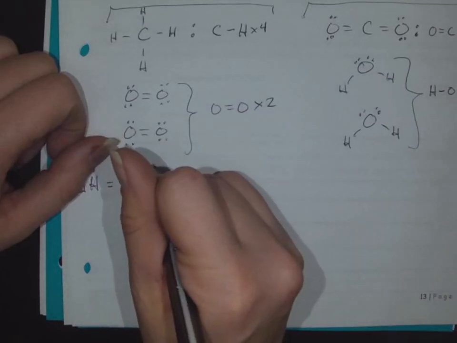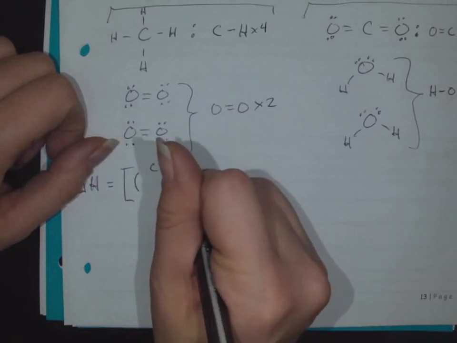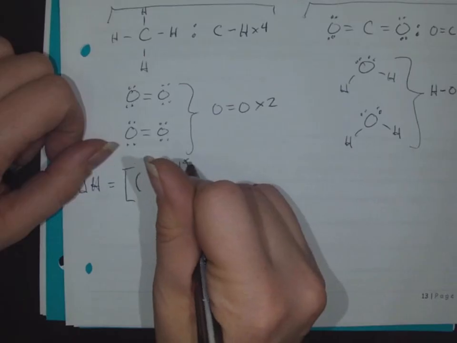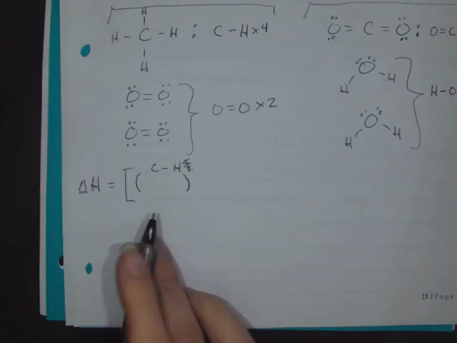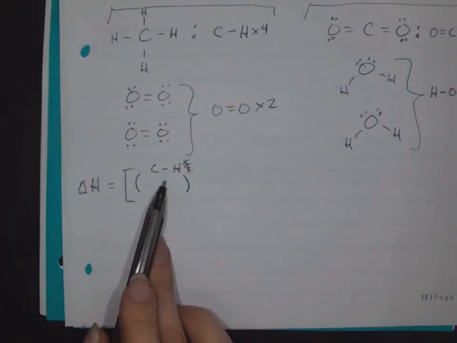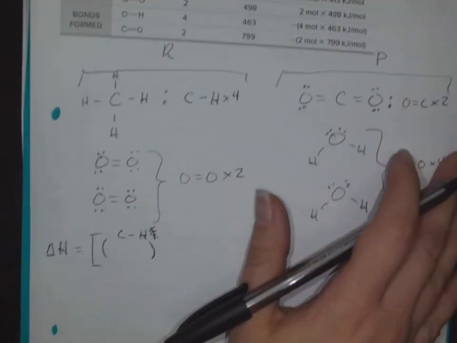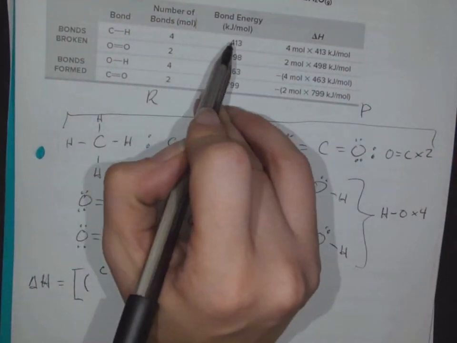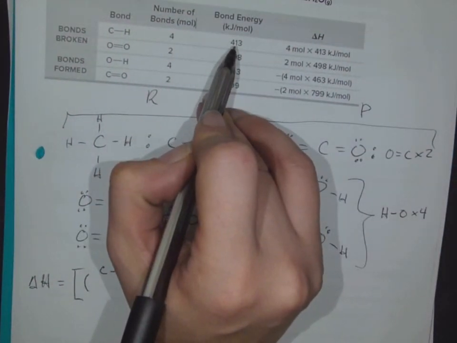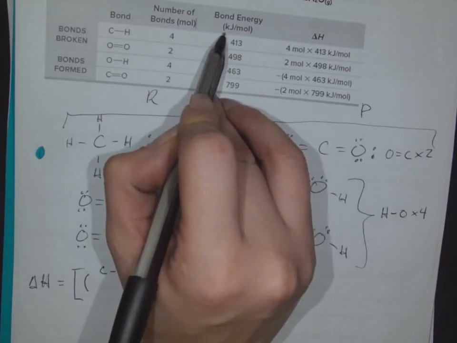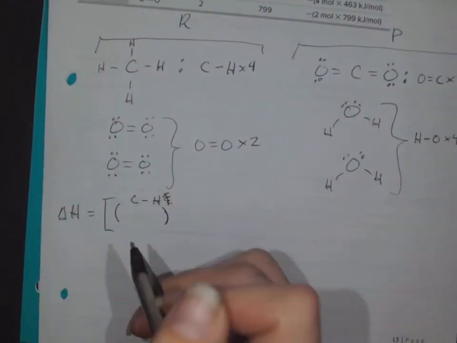This is my number for carbon single bonded to hydrogen. Oh my goodness, sorry. Let's put that there. So this is my carbon bonded to hydrogen, and I see that that is 413 kilojoules per mole.